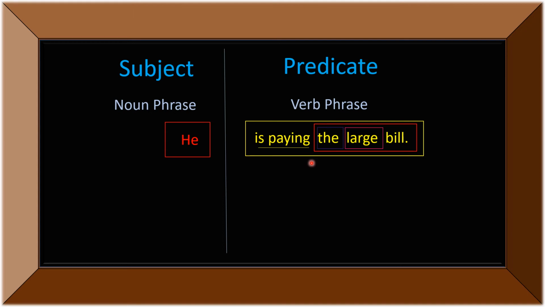It's in progress. Now, the large bill is the direct object. Now, the is a determiner and a definite article. Large is an adjective, descriptive adjective, attributive adjective. And then we have the noun: concrete noun, countable noun, singular noun, and a common noun. This is a declarative sentence, so we're going to end the sentence with a period.